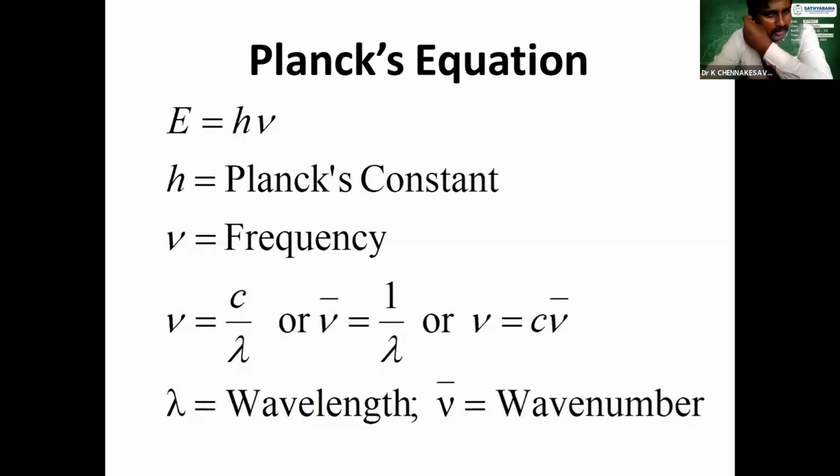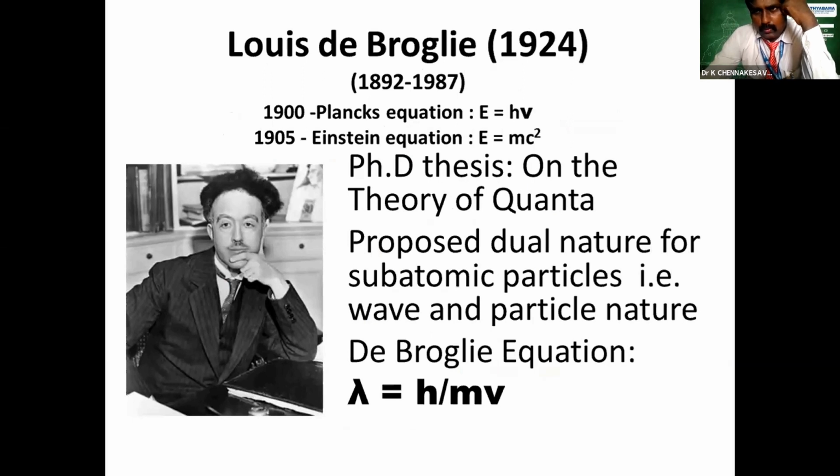Okay, and we know well already the de Broglie's equation. Lambda is equal to h by mv. Here onwards we are considering the subatomic particle or small scale object or ultra scale or nanoscale particles will have both the natures, that is the wave nature it has and particle nature it has, as per our de Broglie's hypothesis or de Broglie's equation.